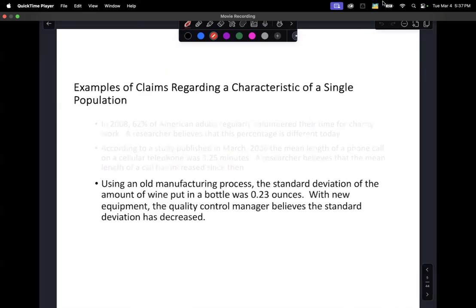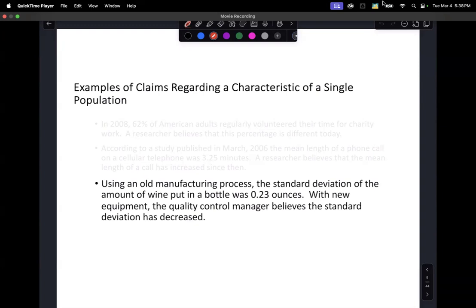Our last one. Using an old manufacturing process, the standard deviation of the amount of wine put in a bottle was 0.23 ounces. With new equipment, the quality control manager believes the standard deviation has decreased since then. So based on this new manufacturing process, they think that it has improved the standard deviation so that things are more consistent.